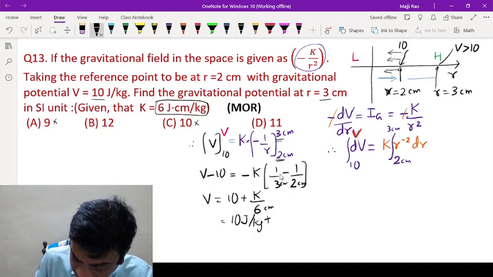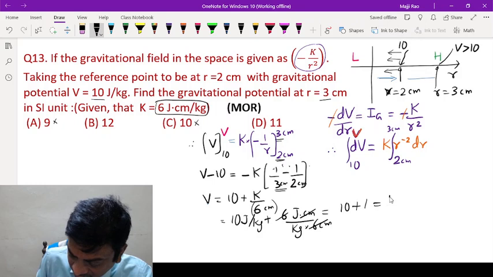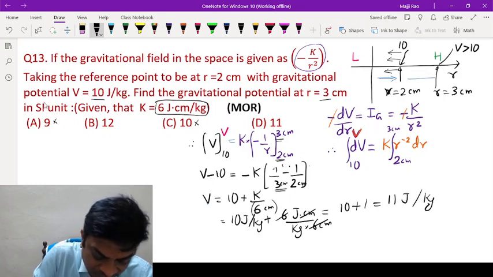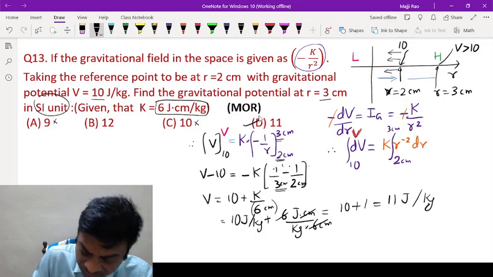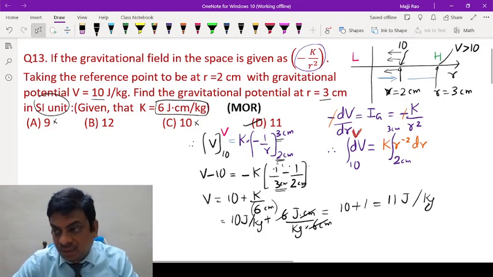Per centimeter, because the numerator 1 centimeter will get cancelled with the denominator, and in the denominator we are left with 1 cm. So the value of K is 6 joule cm per kilogram divided by 6 cm. So 6 cm gets cancelled, we are left with 1. So 10 plus 1, that is 11 joule per kilogram. So that is SI unit. So D option is the correct option.